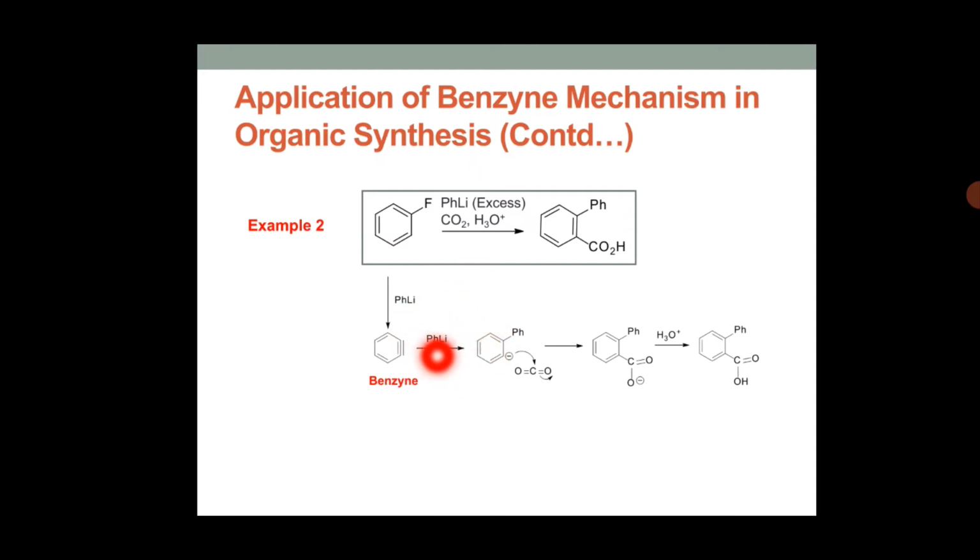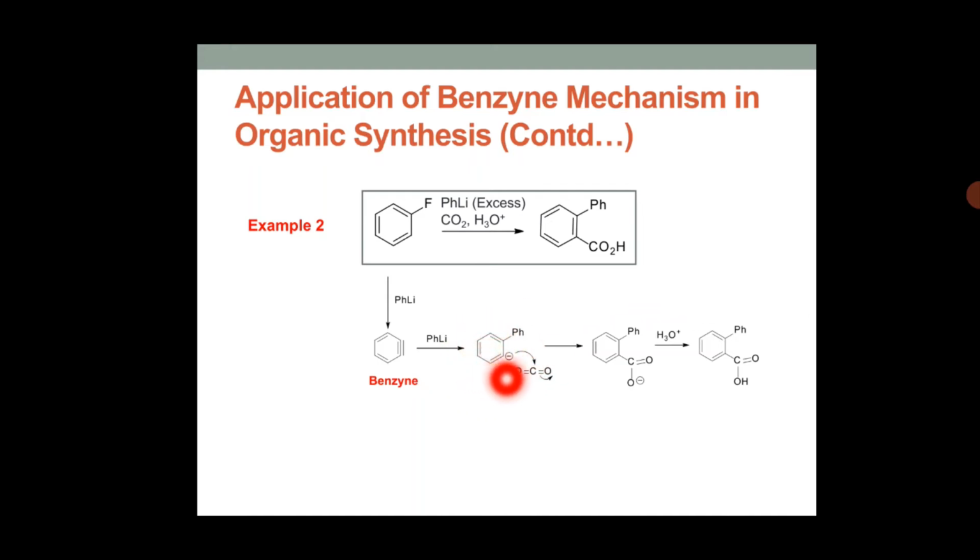So organometallic compounds have completely different reactivity. From this phenyl lithium, we can get Ph minus and Li plus. Why? Because of the electropositivity of the metal. So this phenyl minus attacks the benzyne intermediate and we get a carbanion here.